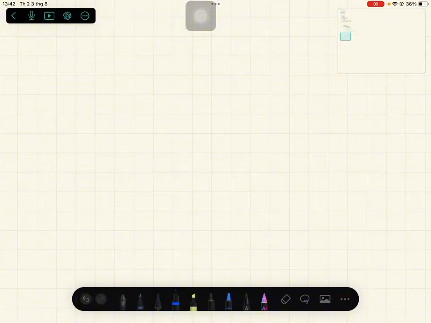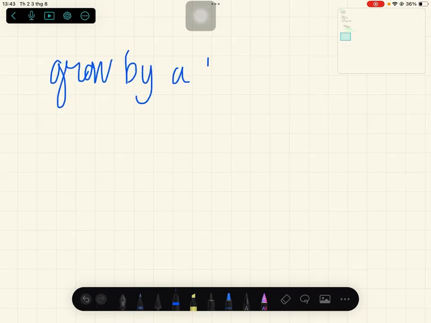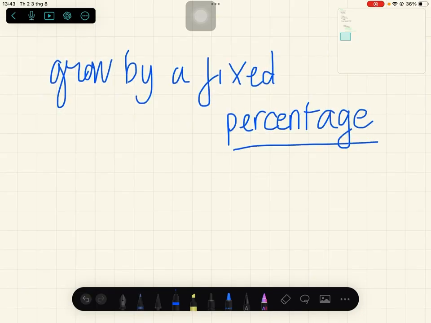So here is where finance becomes interesting. Most financial variables don't grow by a fixed amount. Instead, they grow by a fixed percentage. Think about investing. If your portfolio earns 10% annually, the dollar gains become larger every year because the investment base keeps growing. That's compound growth. The same idea applies to company earnings, sales, GDP, and populations.